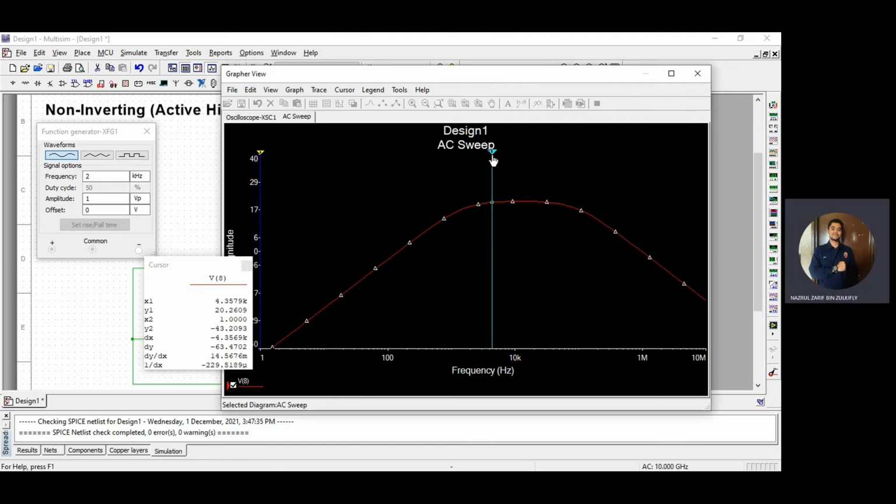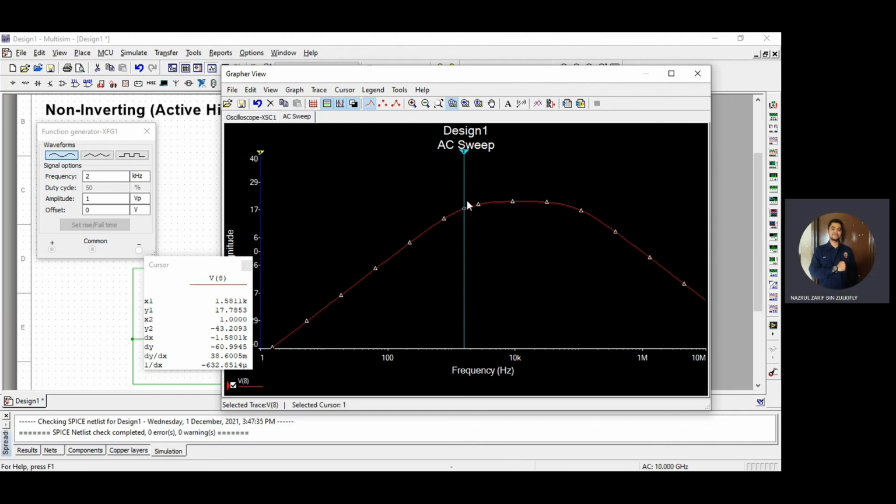And now we will look at the cutoff frequency. The cutoff frequency is 1.59 kilohertz. Okay, there you go. X is equal to 1.58 kilohertz. So the decibel is 17.76.